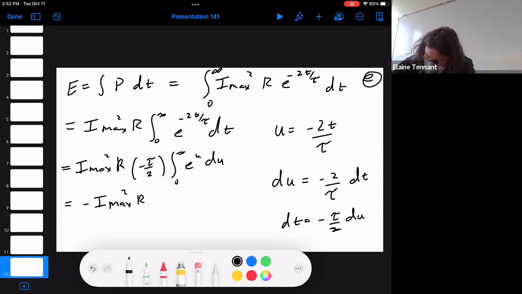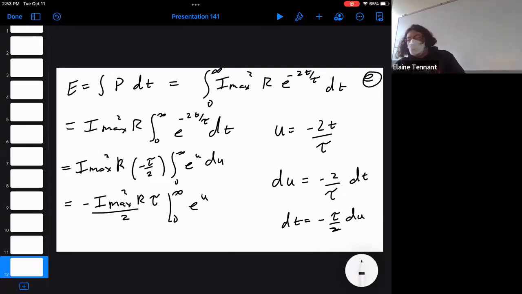Nice and easy. Over 2 times tau. We're totally going to throw an RC back in here at the end of the day, just so you know. Okay, e to the u. Let us go ahead and switch our units back.